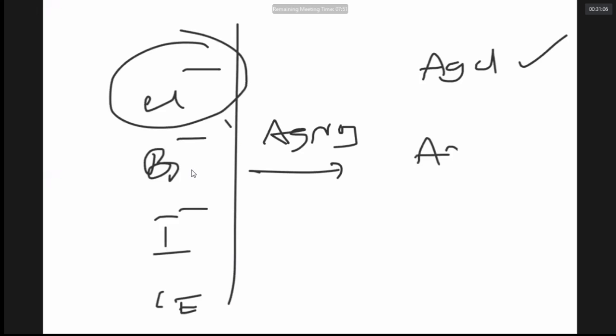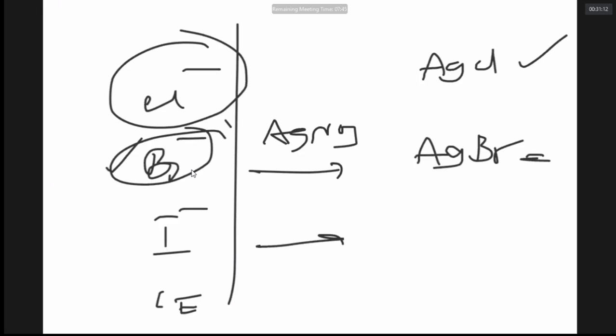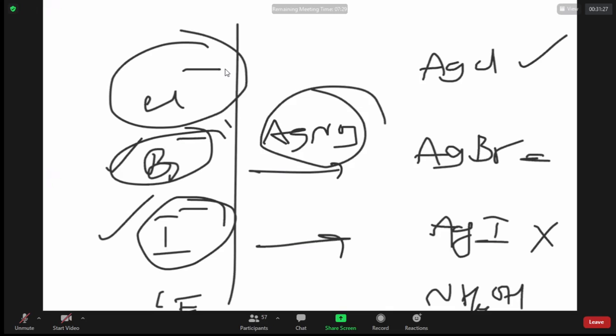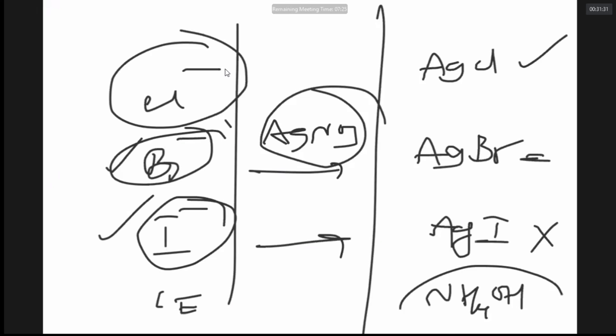If you are getting light yellow AgBr that is partially soluble in ammonium hydroxide, bromide. If you are getting yellow silver iodide precipitate that is not soluble in ammonium hydroxide, then iodide is there. So chloride, bromide, iodide can be easily identified by taking sodium extract, adding silver nitrate, and checking the color of the precipitate and whether it is soluble in ammonium hydroxide.